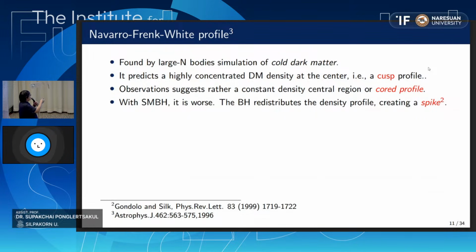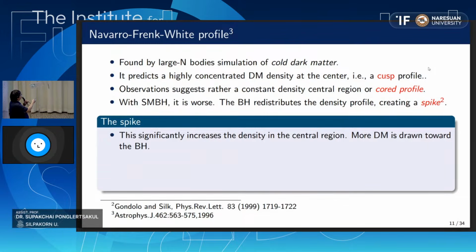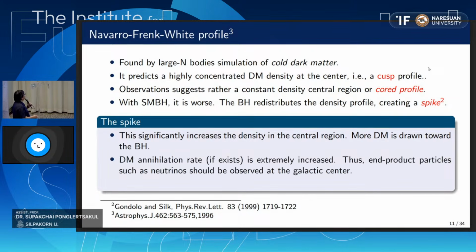And even worse, when you add the supermassive black hole at the center, the gravitational pull of the black hole keeps drawing more and more dark matter particles toward the center, creating what astronomers call a spike, which is basically the phenomenon where the density in the central region becomes very, very high, since more dark matter gets attracted toward the black hole.